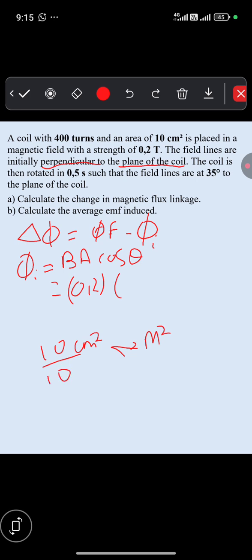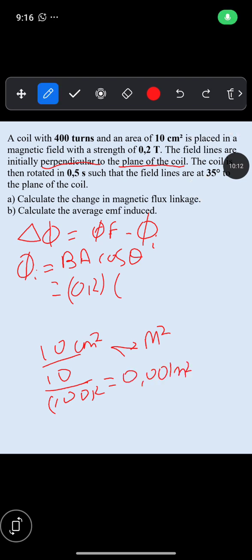To convert centimeters to meters, we know that it is 100, but it is squared, so I must square. So now the area is 0.001.